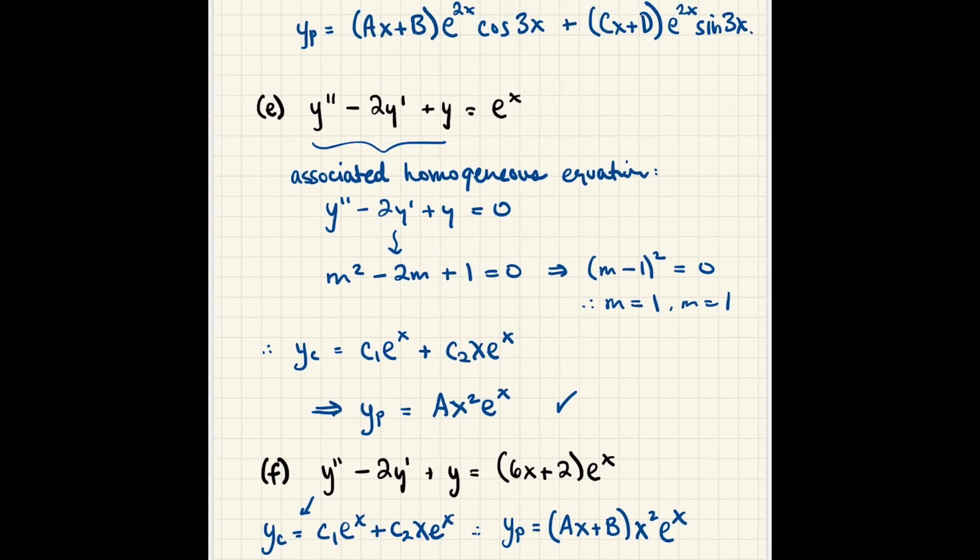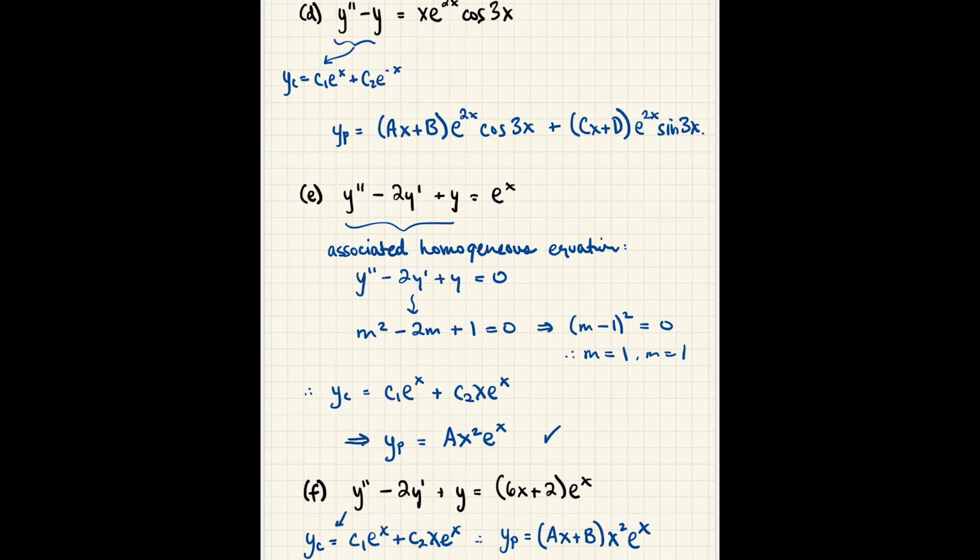So some closing remarks. The method of undetermined coefficients only applies if the right-hand side consists of a polynomial, an exponential, or sine and cosine, or sums and products of those things. Okay?